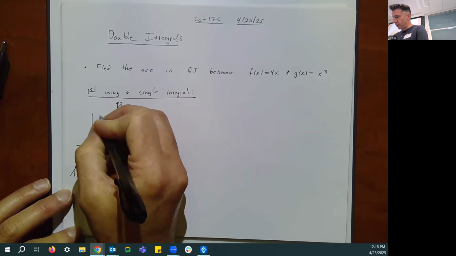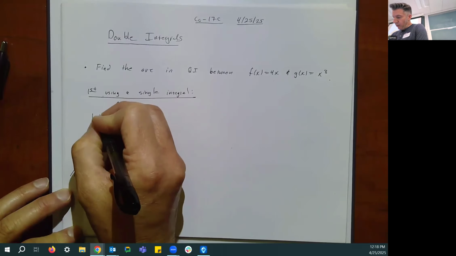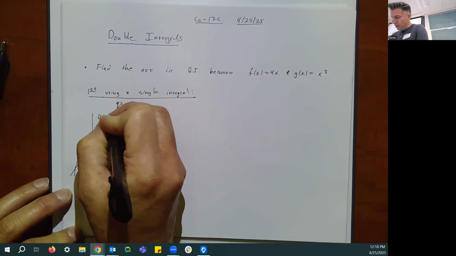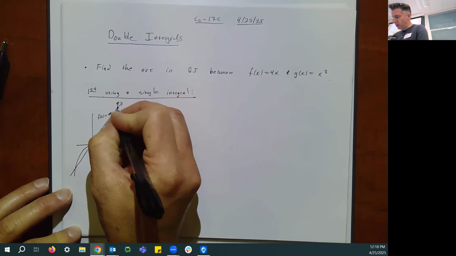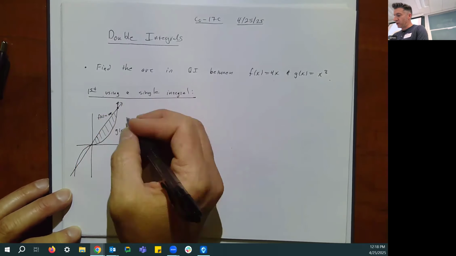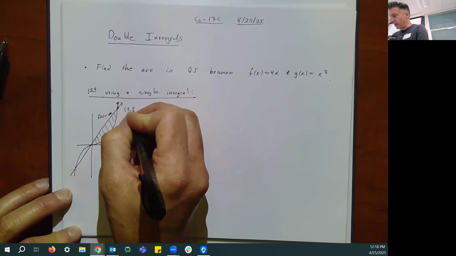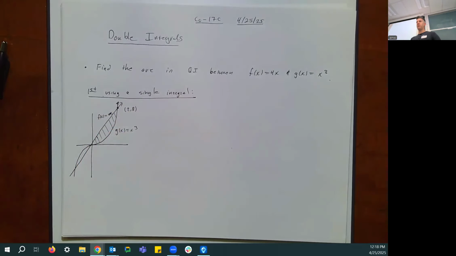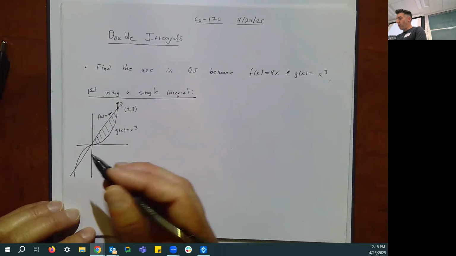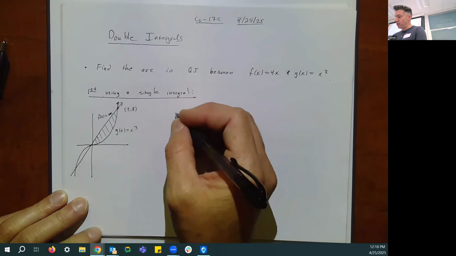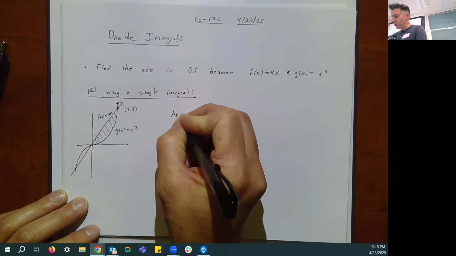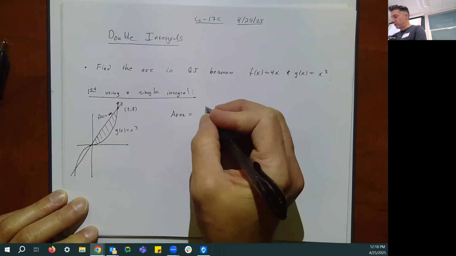My upper function is f of x equal to 4x. And at this point of intersection, if x is 2, both functions equal 8. You could also find that by setting them equal to each other and solving, but I already knew what it was.